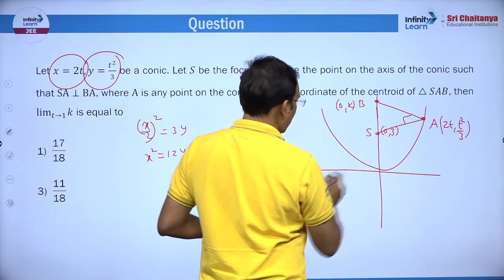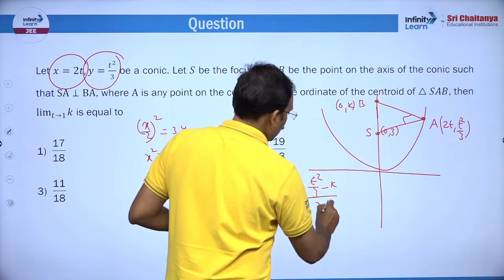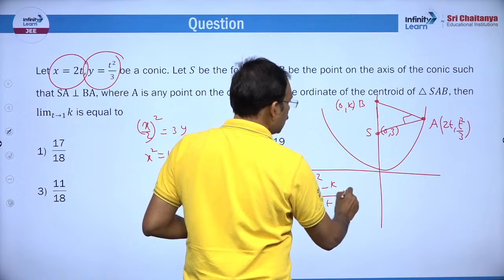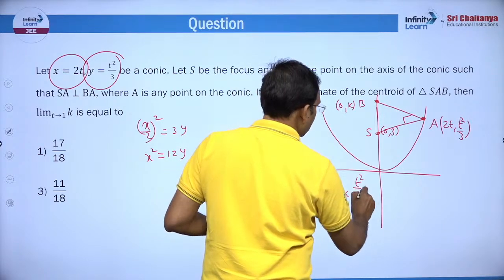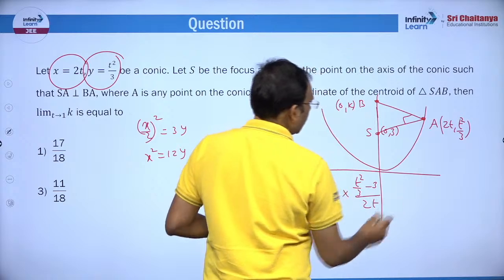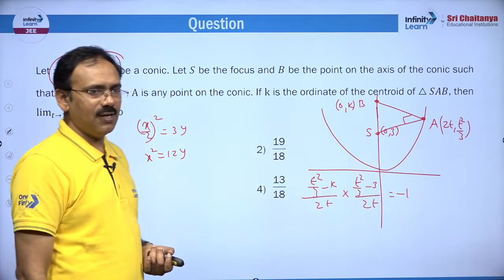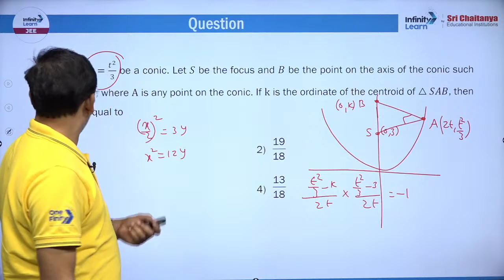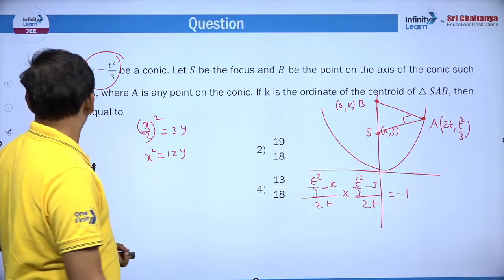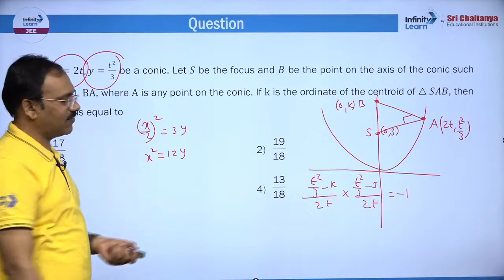Simple, the slope of SA, (t square by 3 minus k) by 2t, into the slope (t square by 3 minus 3) by 2t, is going to be minus 1. You can write k value in terms of t, my dear friends. Now, once you get k value, and he is asking limit t tends to 1 of k, here itself we can come.